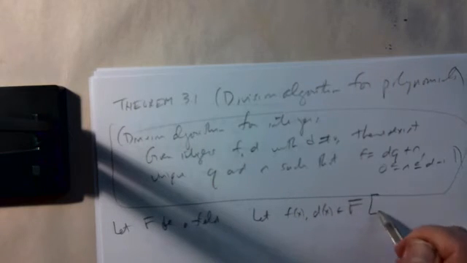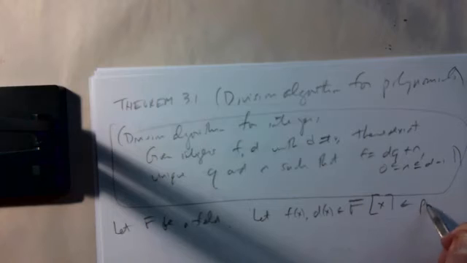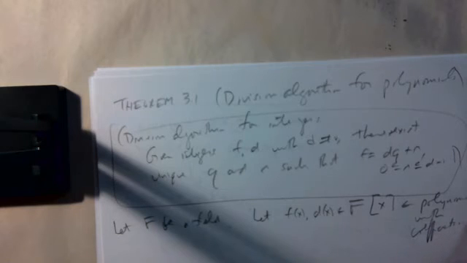When I write F square brackets x, this just means the ring, the set of all polynomials with coefficients in F. So it just means take two polynomials.